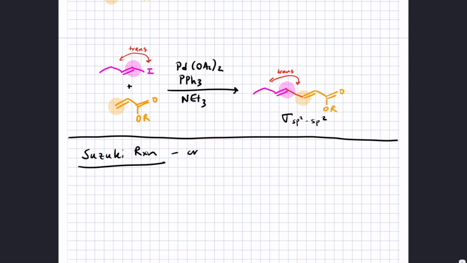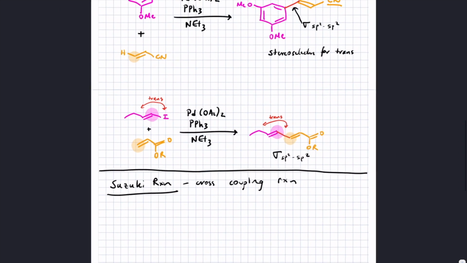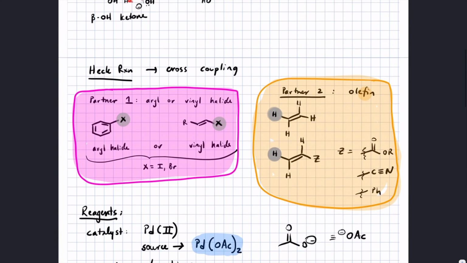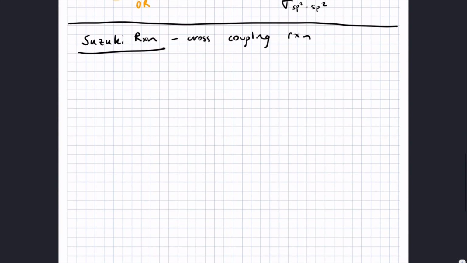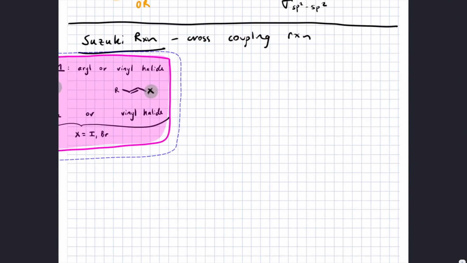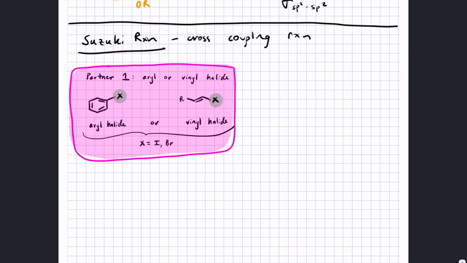So Suzuki is also a cross-coupling reaction. Again, if we were to talk about substrate scope, we could include partner 1 as the aryl or the vinyl halide that we saw as the starting material for the Heck reaction.